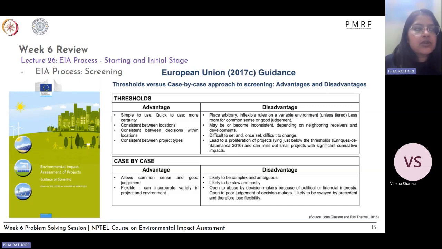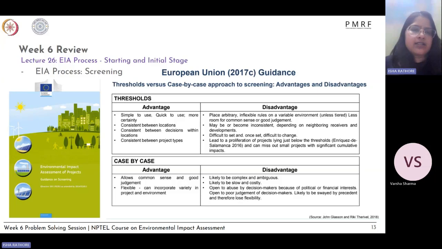Thresholds are basically when, for example, for a residential area, for all projects which have a built up area greater than a certain number, you need to do EIA irrespective of whatever the other requirements are. So the area requirement or some such threshold is considered in the screening process to decide that EIA is required.